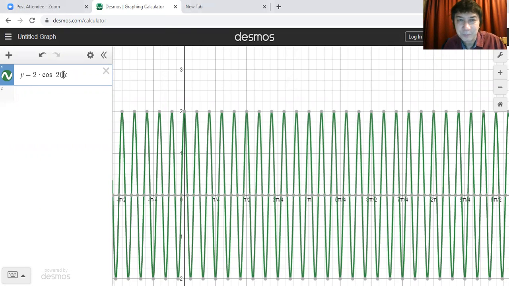And that's 20 per 2 pi. Where is your 2 pi? Here's the 2 pi, I can still see it there.